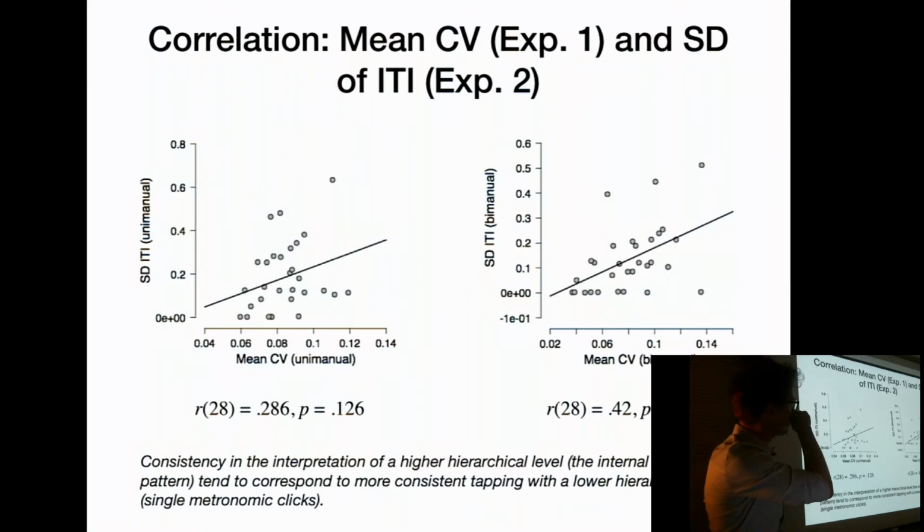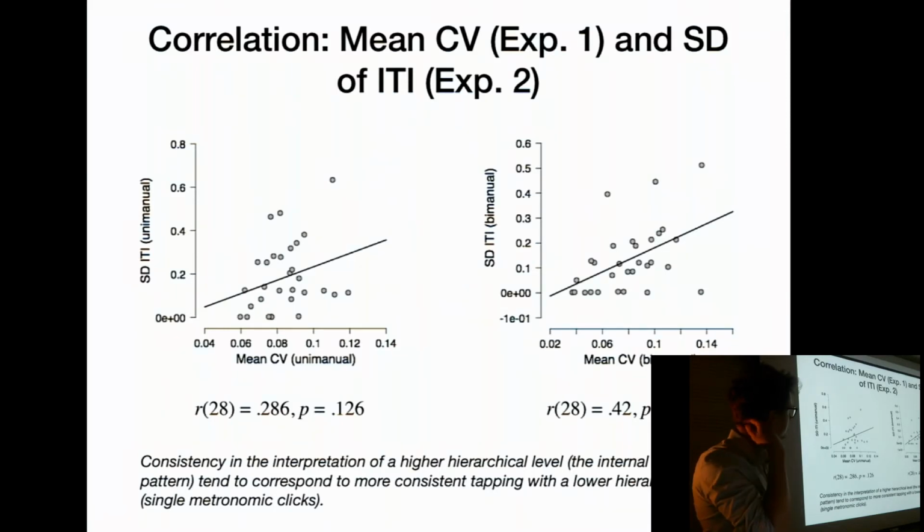And so we wanted to see if there was some correlation between how people performed in the first experiment in terms of tapping stability and the consistency they had in the second experiment in terms of synchronization with a rhythmic layer. Okay, and so here we can see that there's a significant correlation for bimanual mode and just a trend in unimanual mode.